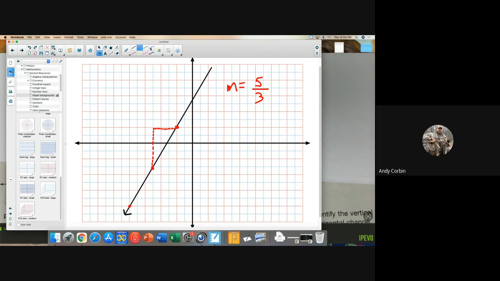Okay, let's say that you picked this point and this point. Well, rise 1, 2, 3, 4, 5, 6, 7, 8, 9, 10. And then run 1, 2, 3, 4, 5, 6. What does 10 over 6 reduce to? 5 over 3.